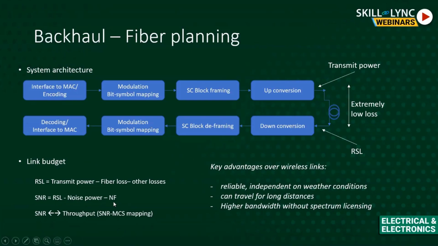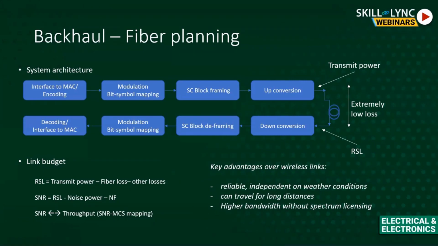And similarly, we can do a quick link budget calculation here and see how long you can plan this link. Some of the advantages here are fibers are much more reliable. They're not dependent on weather conditions, whereas sometimes wireless links get affected by rain and other things, or even if a tree grows in the path and blocks the wireless link, that can significantly degrade it.